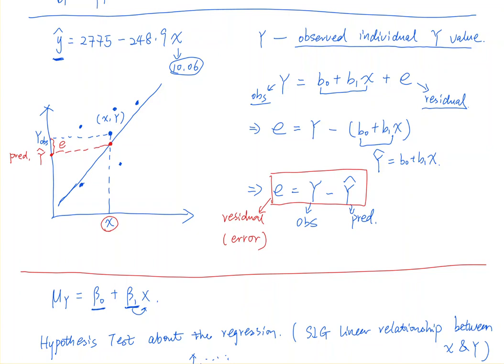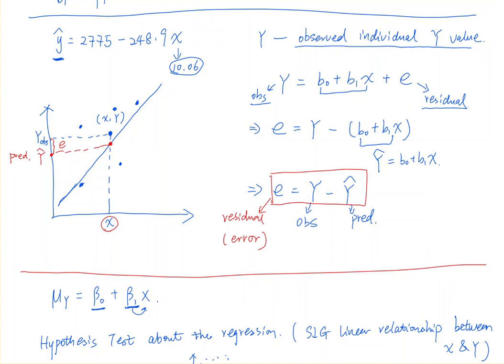So I have 6 observations in my sample, and based on this sample, I have this regression line. Now, based on this point, which is the observed value of x and y, this is the corresponding x, this is the corresponding y, which is the observed y.